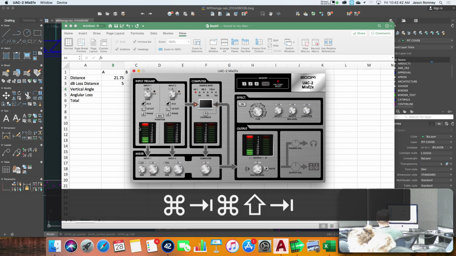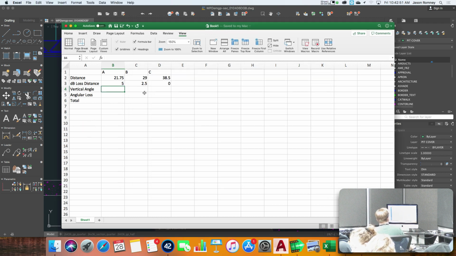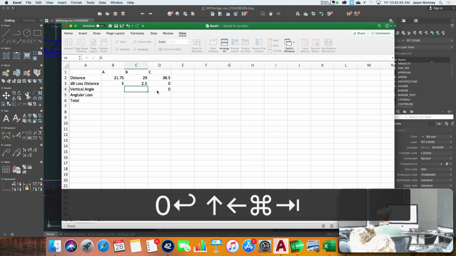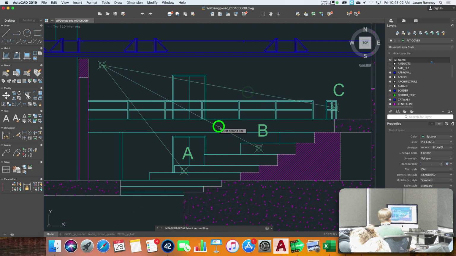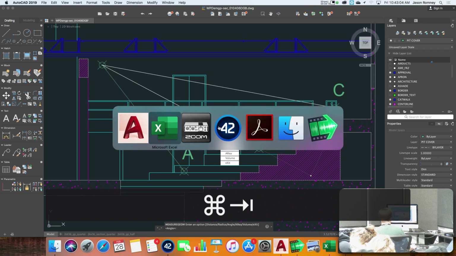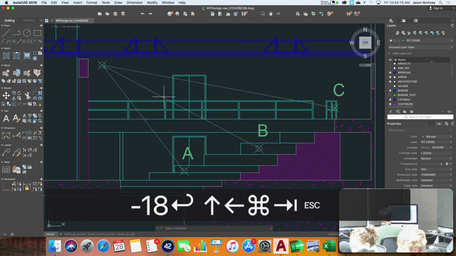This thing is still clipping a little bit. Let me turn that down. OK. All right. So vertical angle, I'm going to say 0 for seat C. Let's take a look at the angle here. Angle to B is 18 degrees. I'm going to say minus 18. So I know I'm going down. Angle to seat A is 42 degrees.